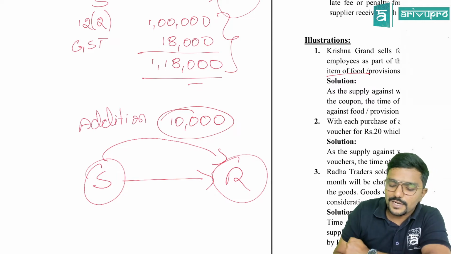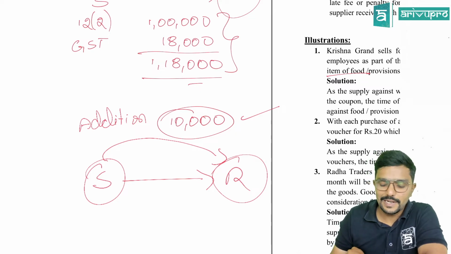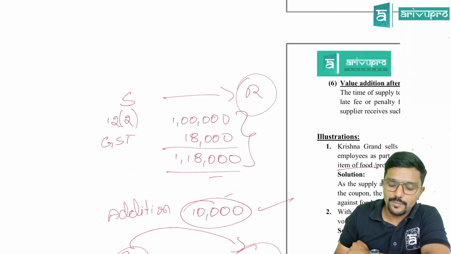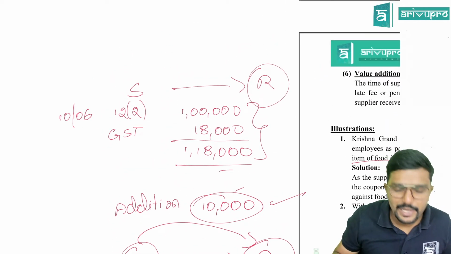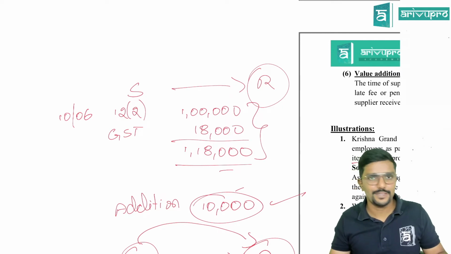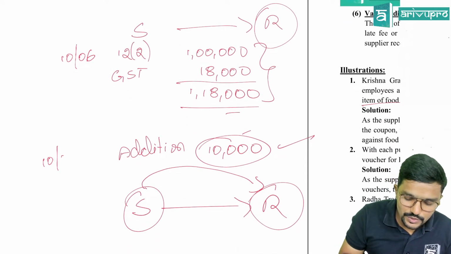For this 10,000, what is the time of supply? It depends on the day you receive it. Assume you had made a supply on 10th June. Payment was supposed to be made by 10th July. But payment is made on 10th August.